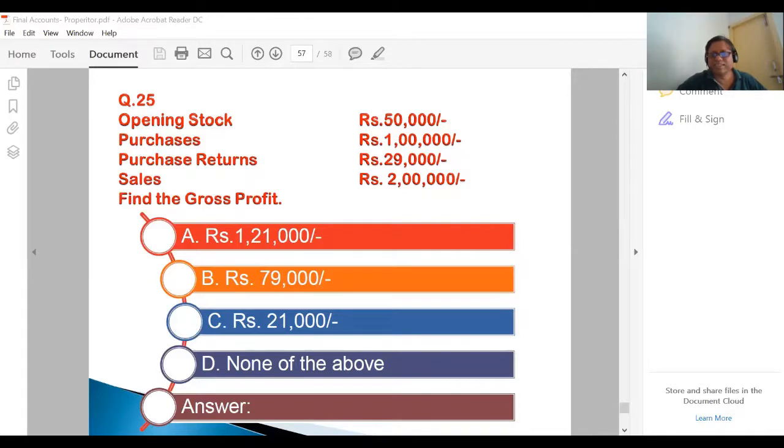All right. So 79,000. Okay, let me check. 21,000. So opening stock, purchase return. Purchase return should be reduced from the purchases. So your net purchases is equal to purchases minus purchase return.